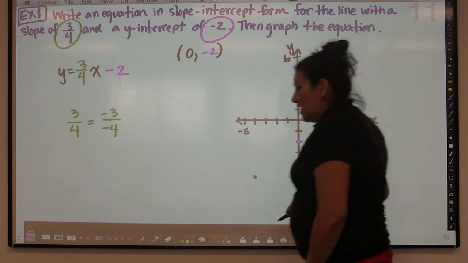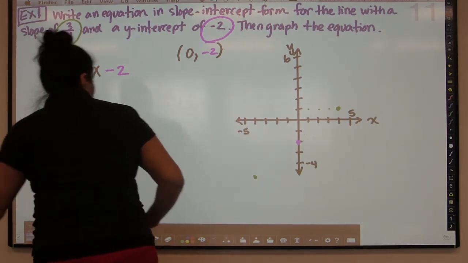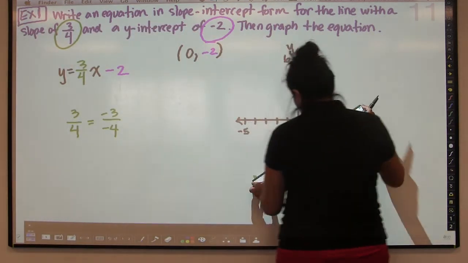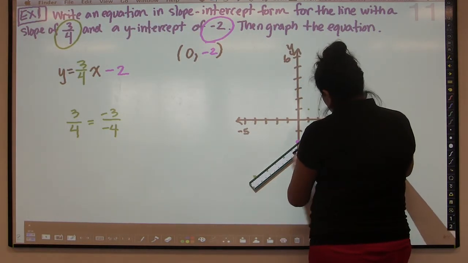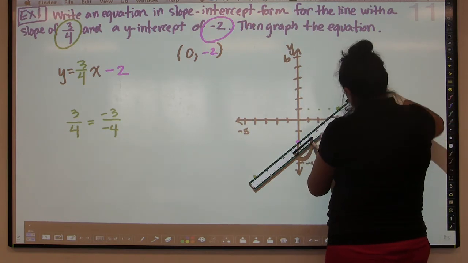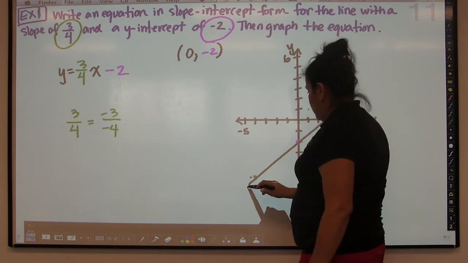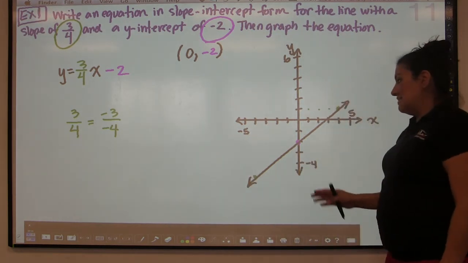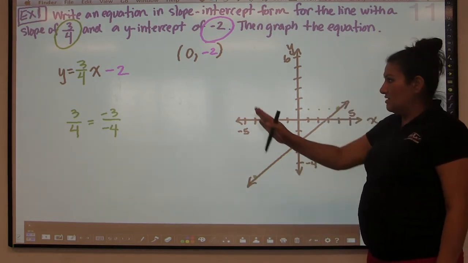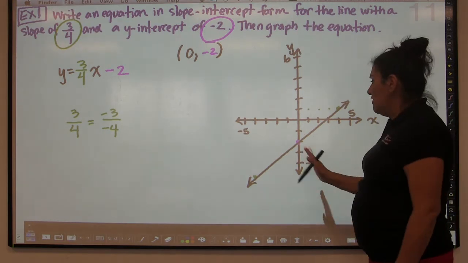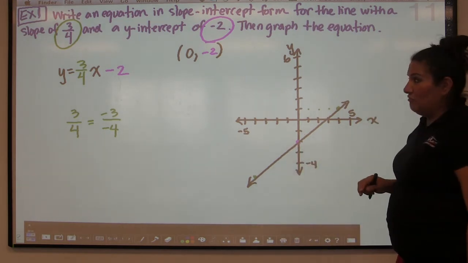So I can go either direction, and you will notice that either direction that I go, I'm going to end up with the same exact line. Okay, there's my line. And it makes sense that this has a positive slope because the 3/4 was positive. As you look at the graph, it is going upward when you read the graph from left to right.